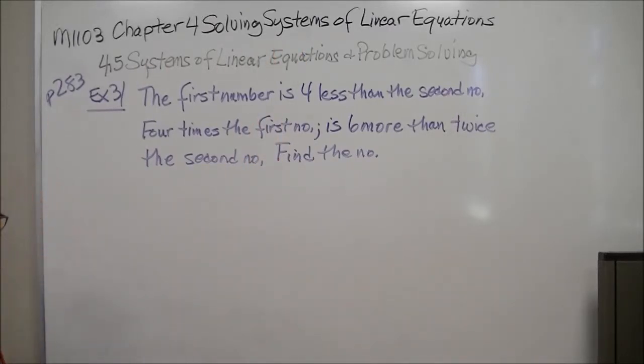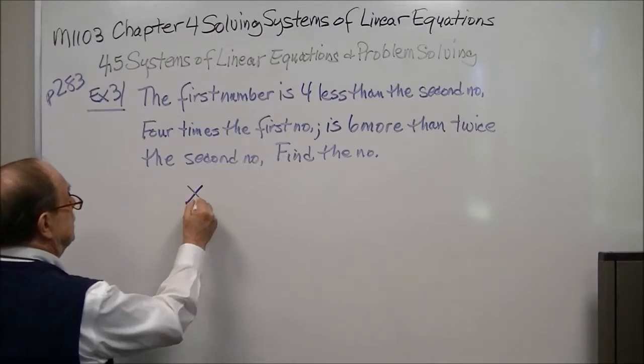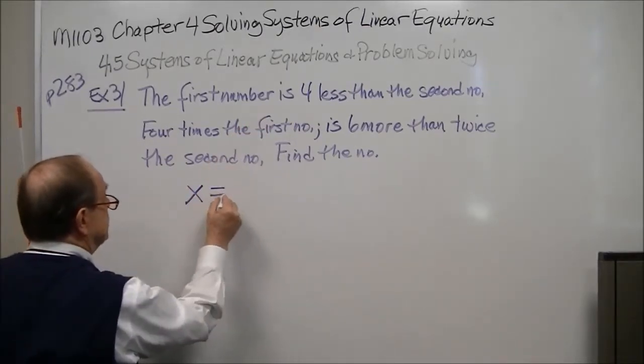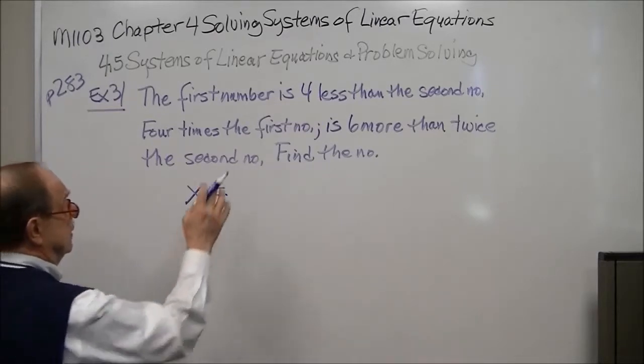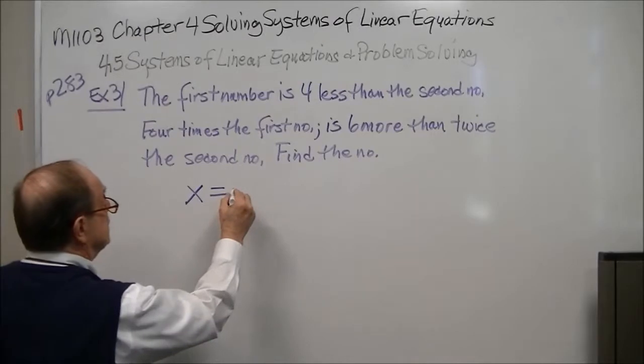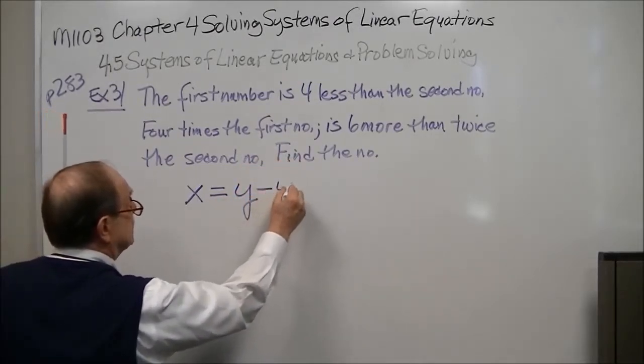So how many numbers do we have? Well, we have 2 numbers. So the first number, which will be x, is, we just translate into an equal sign, 4 less than the second number. Well, the second number will be y, and it's going to be 4 less.